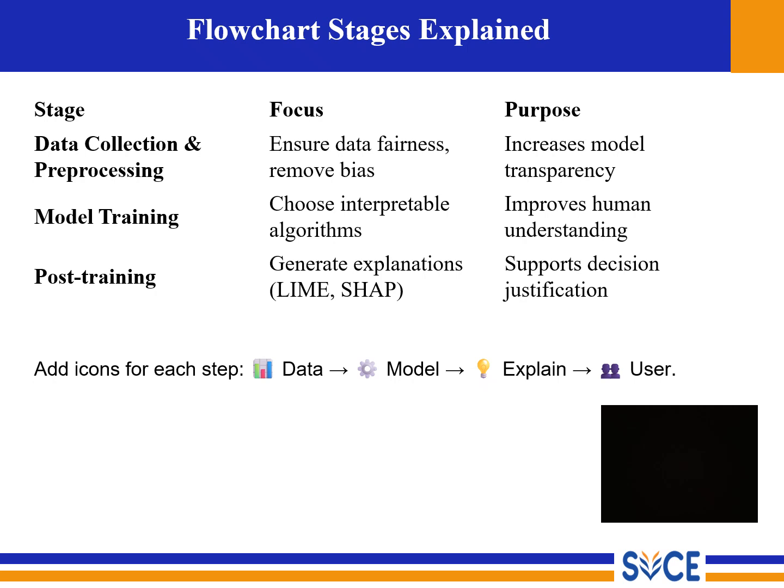Data collection focuses on ensuring fairness and removing bias, and its main purpose is to increase transparency. The second one is choosing interpretable models in model training, which improves human understanding. The third one is post-training, generating the explanation, and its main purpose is to support justification.